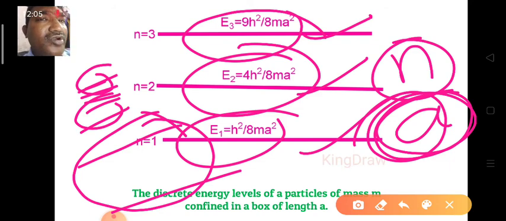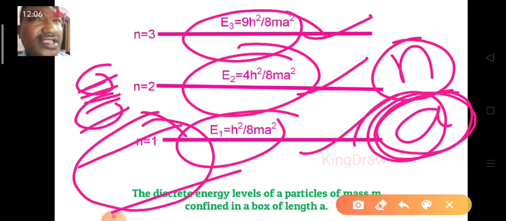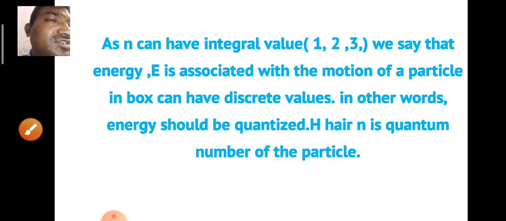If the boundaries are very small, that means the length of the one dimensional box is very small, then it falls under quantum mechanics. If the boundaries are very large, then the particle falls under classical mechanics, where we apply Newton's laws of motion. So these are the same things explained by me.